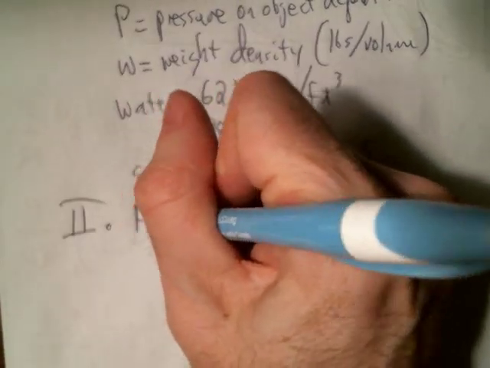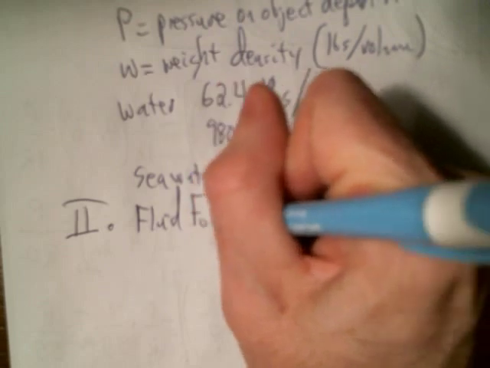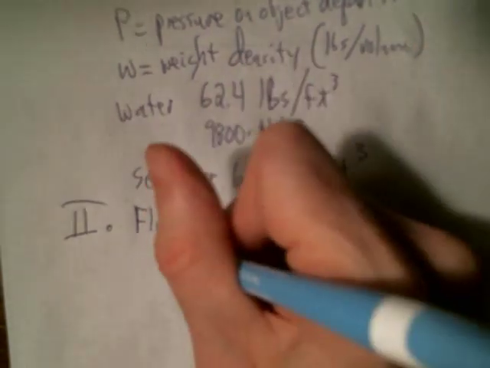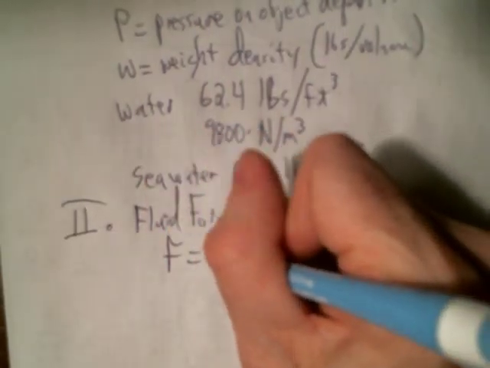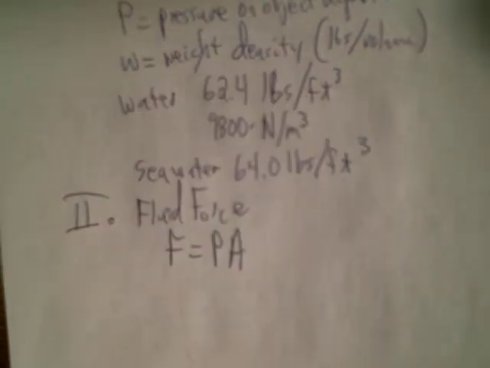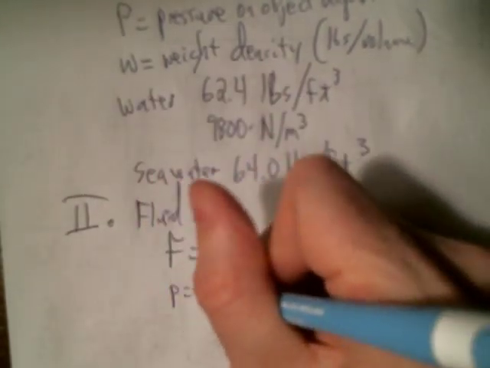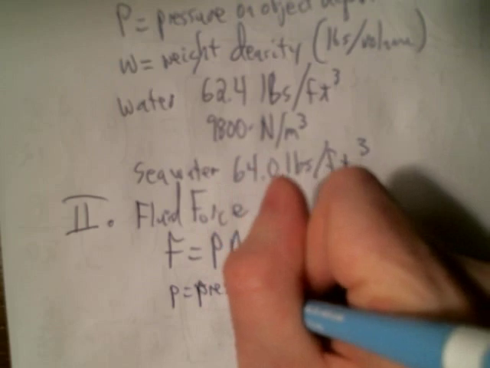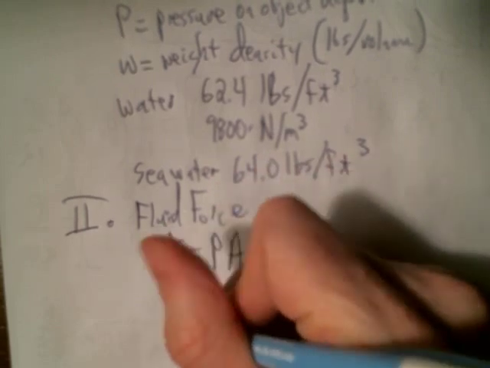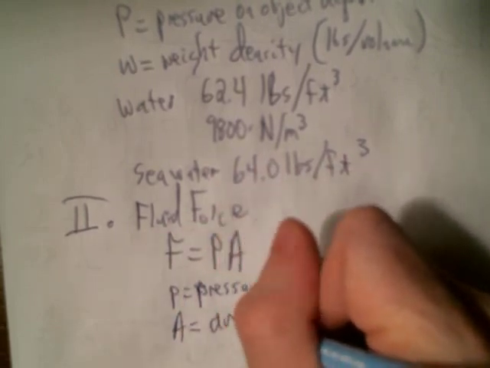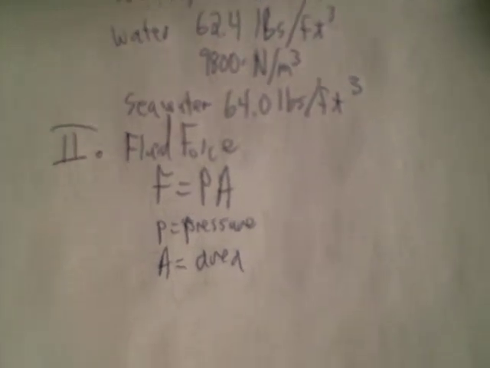So fluid force F is equal to pressure times area. P is pressure from above, and A is the area of the object. We have Pascal's principle in effect here, so orientation will not affect the pressure on the object.